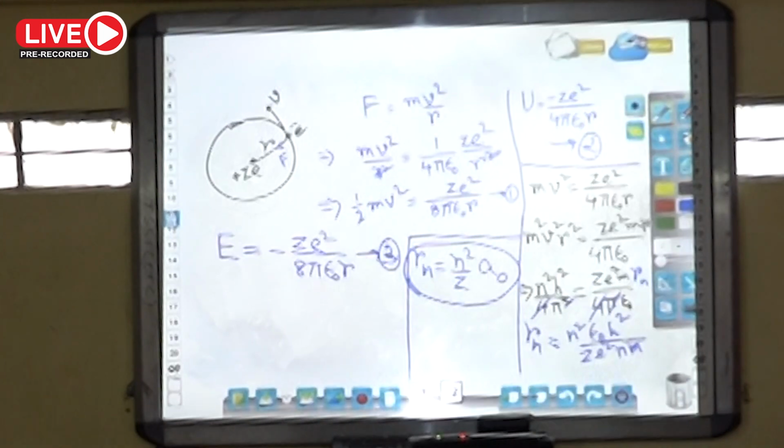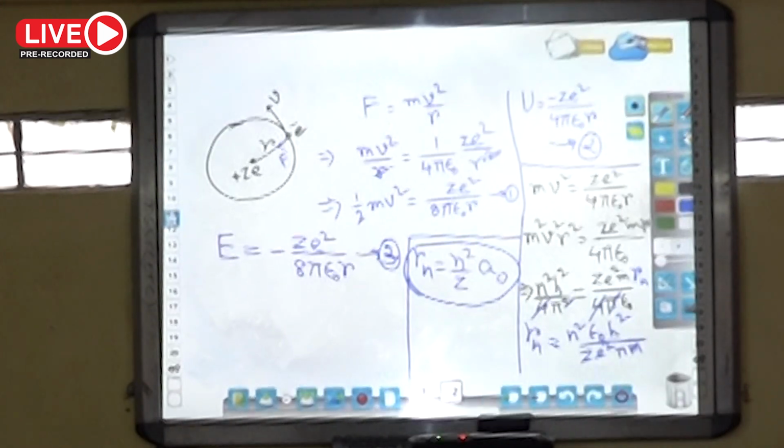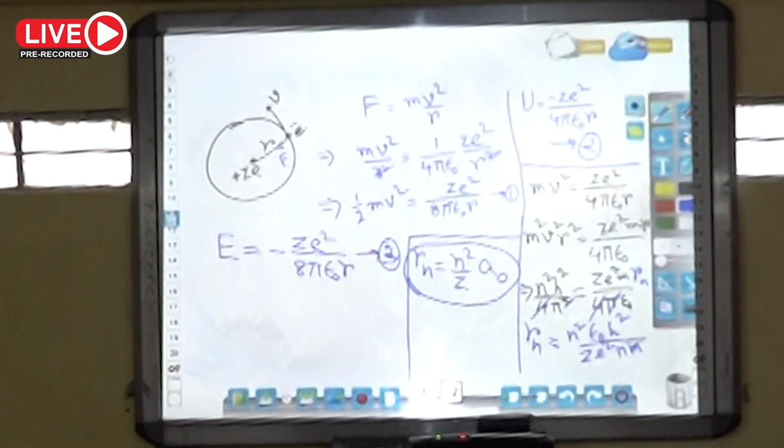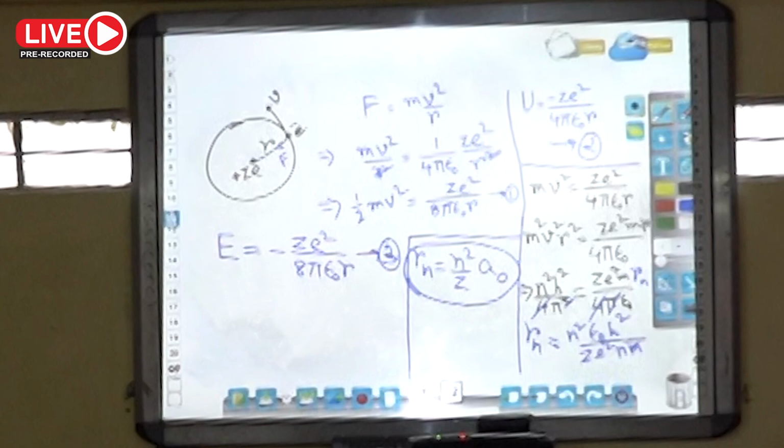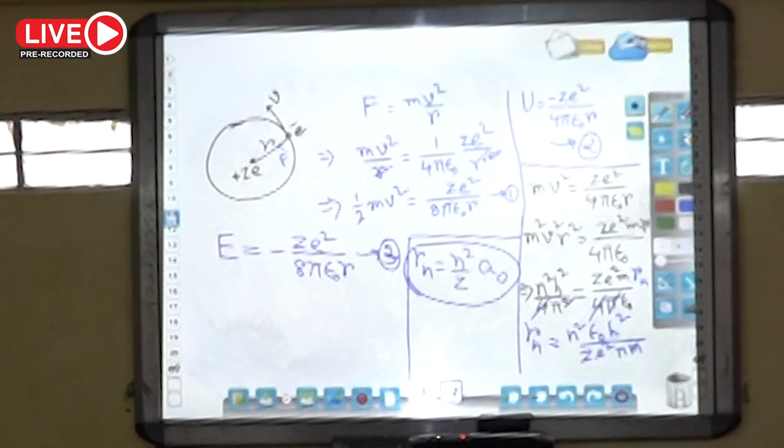It will be too long values and very difficult to calculate. So remember the value of a₀ and the formula Rn equal to n² by Z a₀. You can solve any problem by varying the values of n and Z.